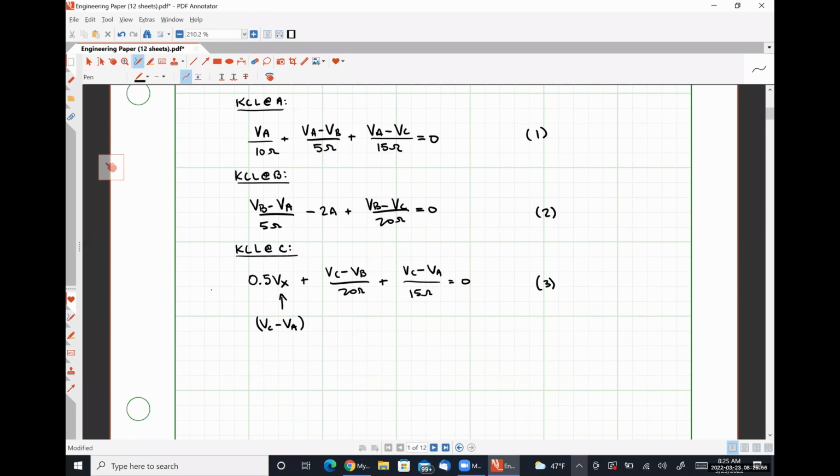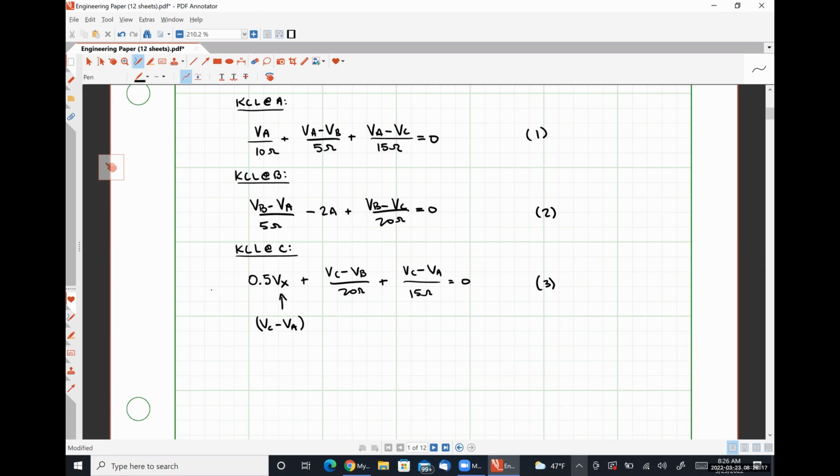What I mean by that is if we look at our first equation, the coefficient for our variable VA is going to be 1/10 plus 1/5 plus 1/15, because that's what VA is multiplied by in all 3 terms.